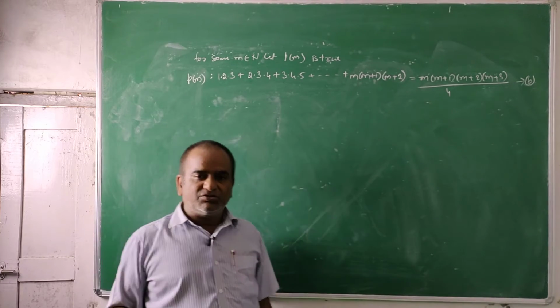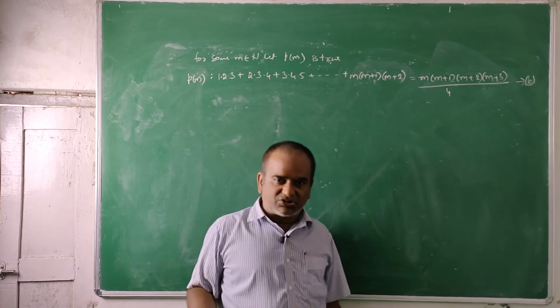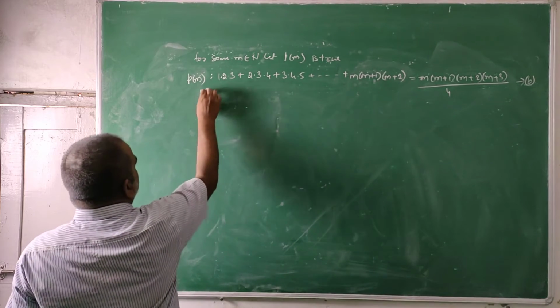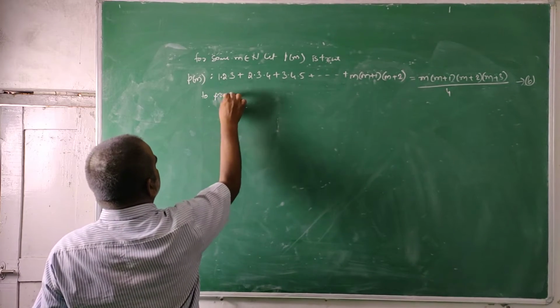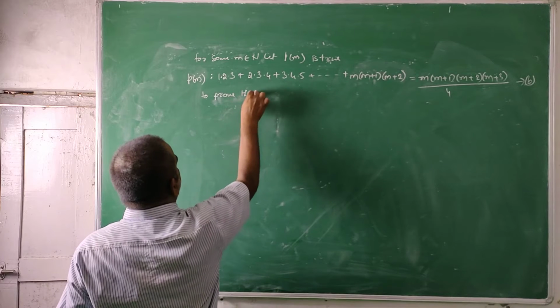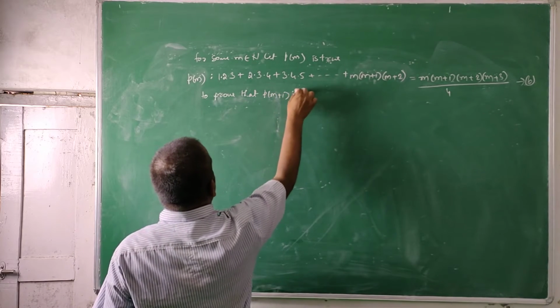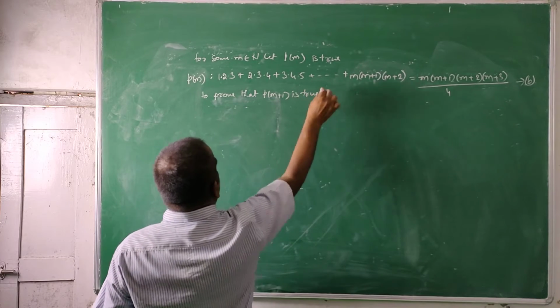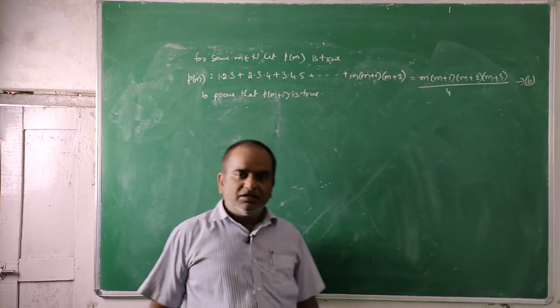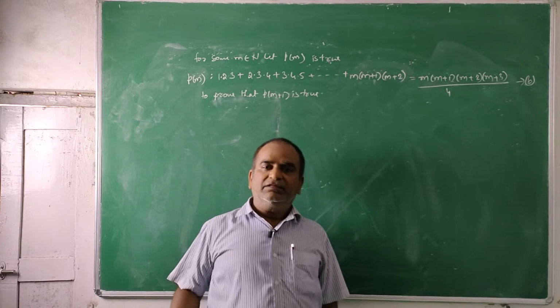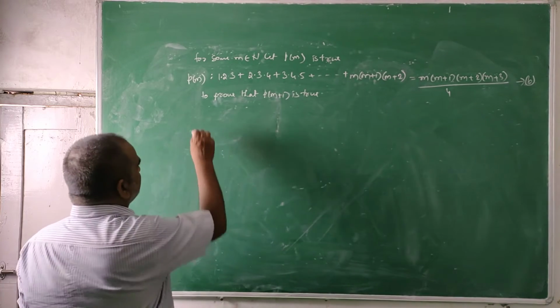Now, we are supposed to prove that P of m plus 1 is true. So what is P of m plus 1 that we are supposed to prove?